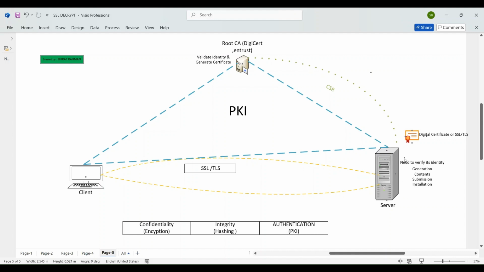So who will issue this digital certificate? The digital certificate will be issued by a third party which has the authority. It could be DigiCert, for instance; we have 7 or 8 root CAs who can issue the digital certificate, validate the identity, and generate the certificate.